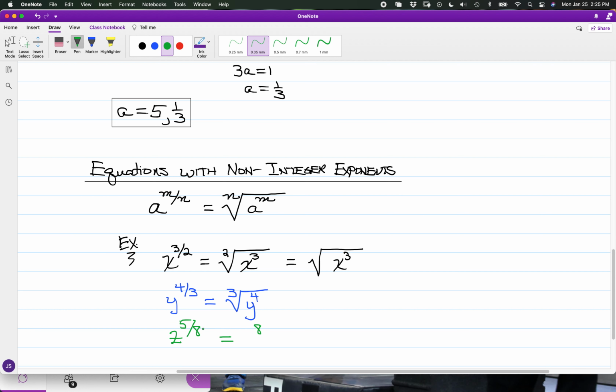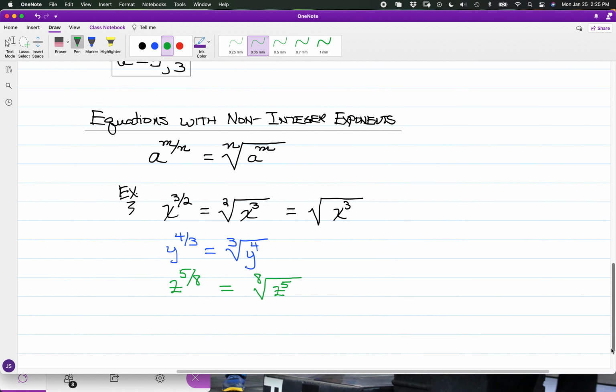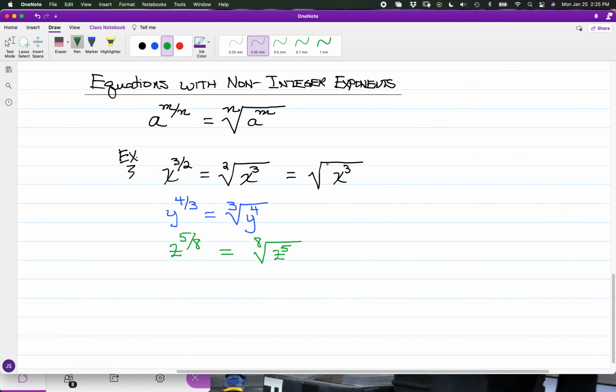Your n value is going to be 8, and a to the m would make reference to z to the 5th. So this is just translating from non-integer powers to their radical equivalents. And now where equations are going to come into the scene.